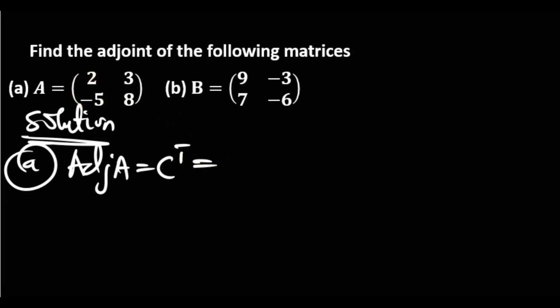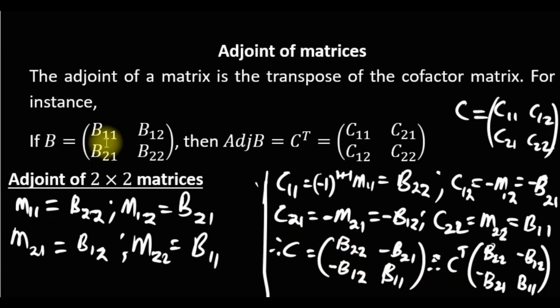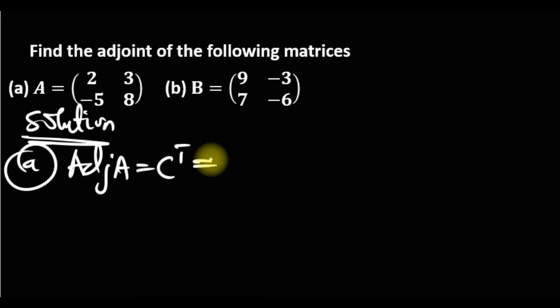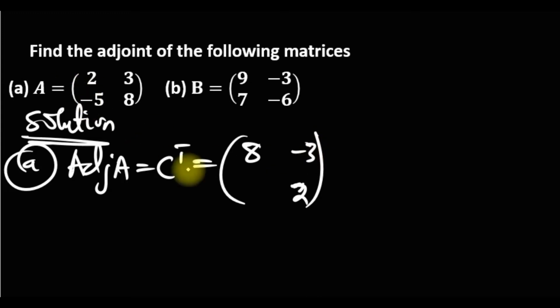It's just to swap. You swap the elements of the principal diagonal after you negate the other diagonal. So without wasting time, it's just 8, minus 2, and since this is 3, this is minus 3, and finally 5. So that's our answer.